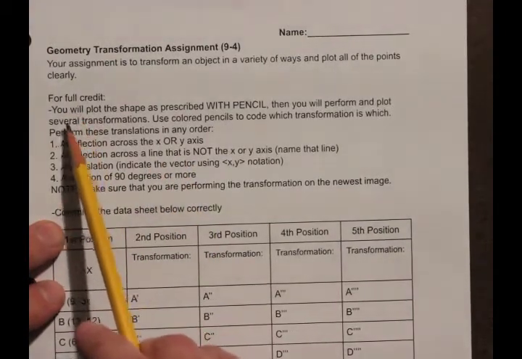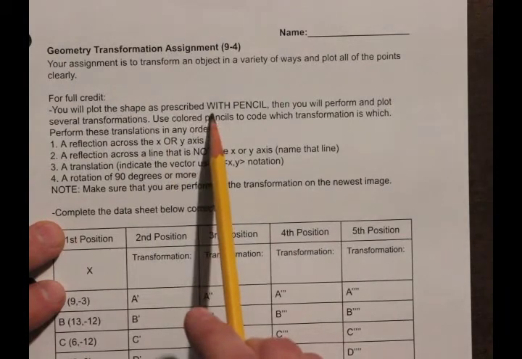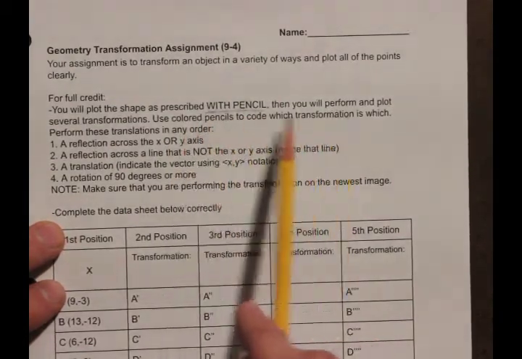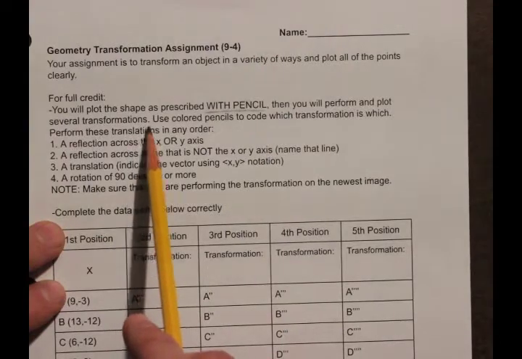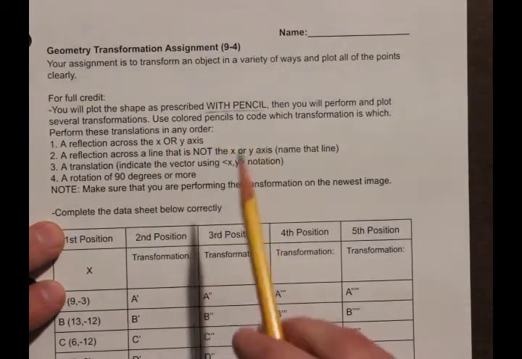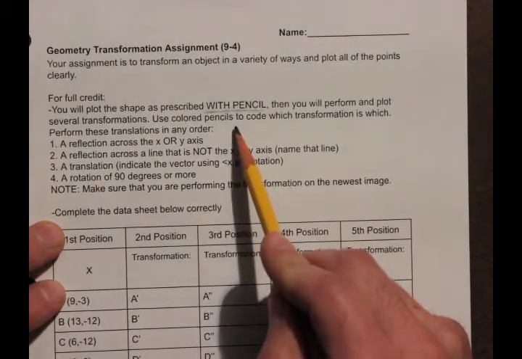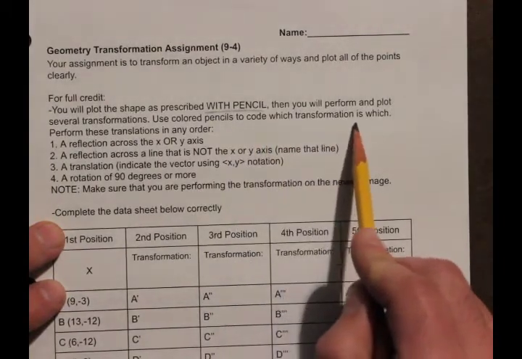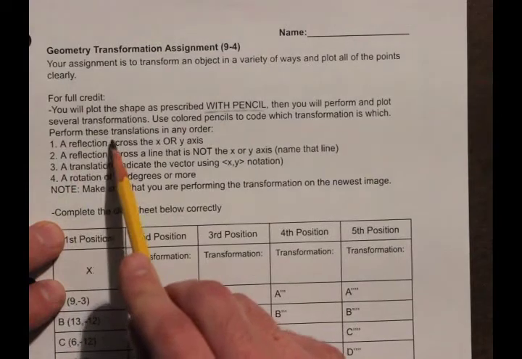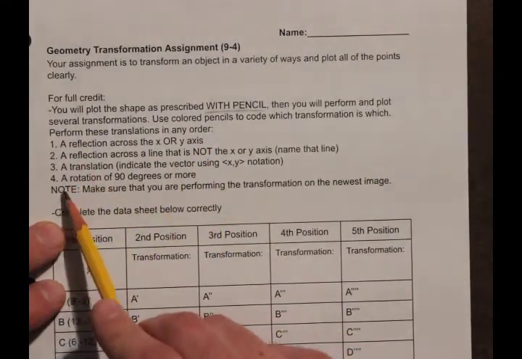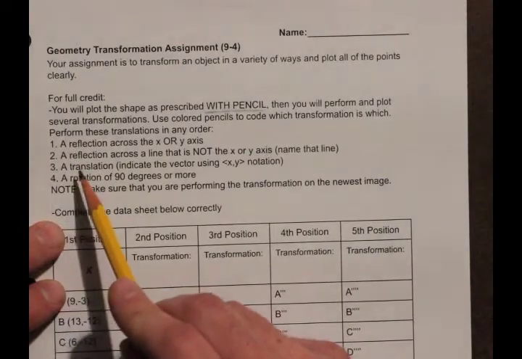For full credit, you will plot the shape as prescribed with pencil. Then you will perform and plot several transformations. Use colored pencils or crayons or markers or whatever you have at home to code which transformation is which. Perform these transformations in any order. So it doesn't need to be in this order, but it can be if you want.